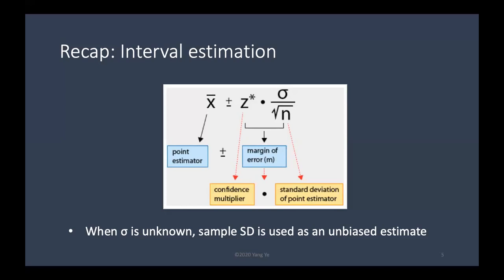In this case, we're estimating the population mean using the sample mean x bar and standard deviation. Usually we don't know the standard deviation of the population, so we use the sample standard deviation in place of sigma. And again, it's divided by the square root of n because we're using the standard error as the standard deviation, right?